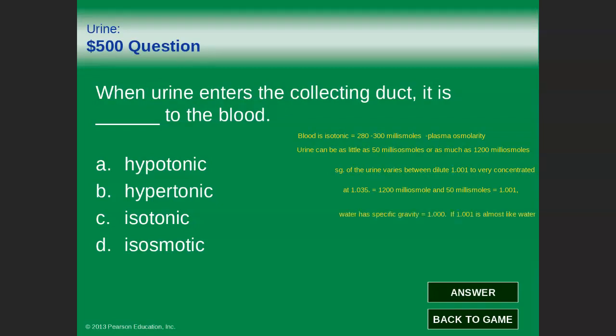So it would be hypotonic. Your urine would be hypotonic when it enters the collecting duct relative to the blood.